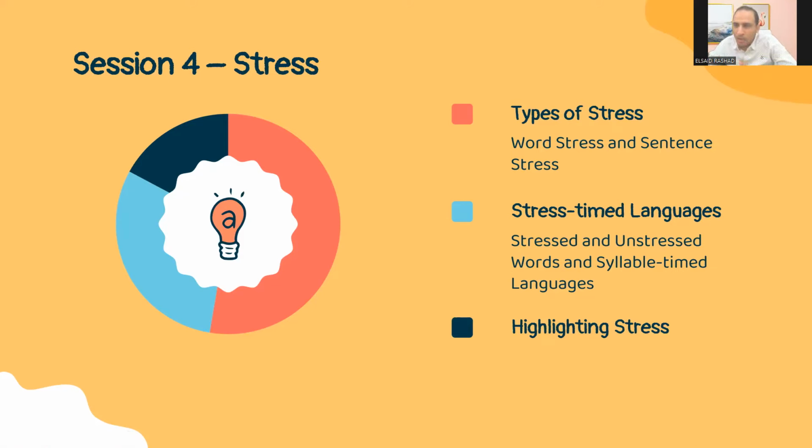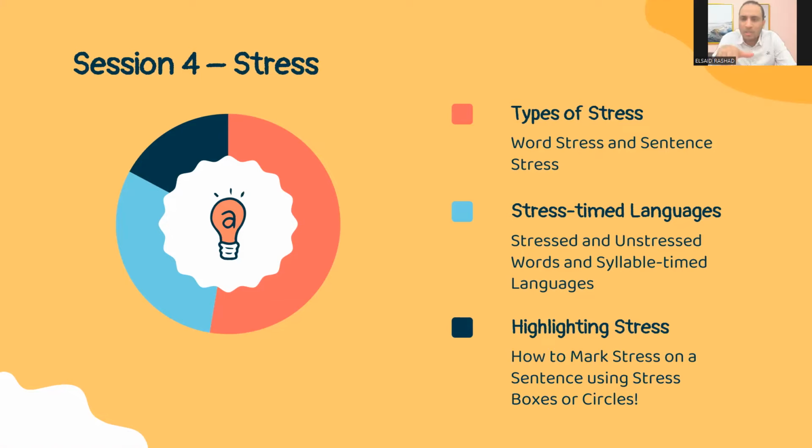Because some people stress wrong syllables, we're going to take some rules to help us put the stress on the right syllable in a word. And this part is not about problems and solutions like consonants and vowels. This part is going to be about how to highlight stress or how to mark stress.